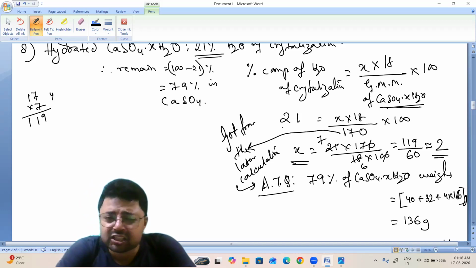In class 10 CBSE, there is a chemical equations chapter, and you may face some calculations like this. All the things use the unitary method, and everything is very simple and easy.